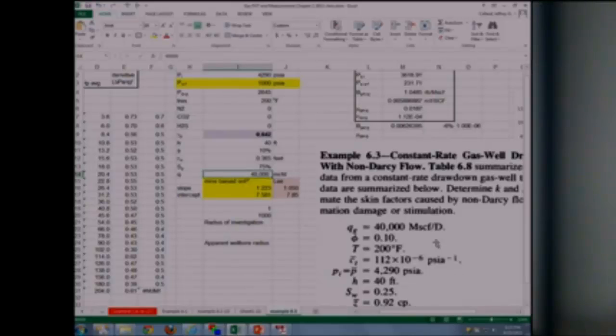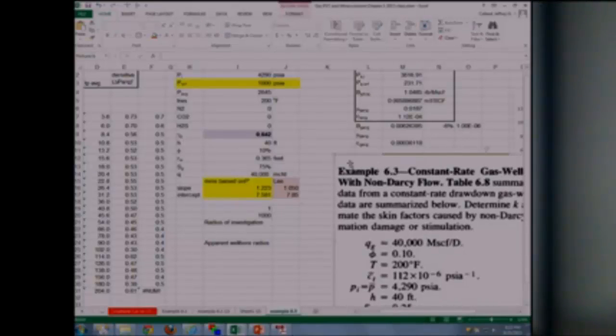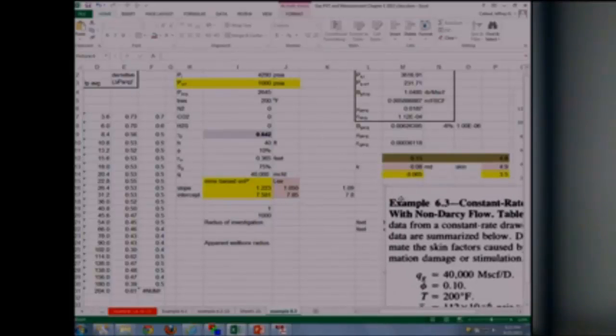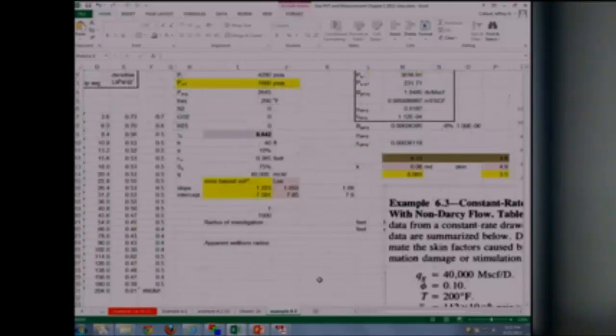So how about we use that Z. They didn't tell us the B sub G. I'm trying to leave all the columns and rows intact so that if I copy and paste that radius of investigation or something like that over here, it'd be good. So I'm trying to squeeze stuff in.